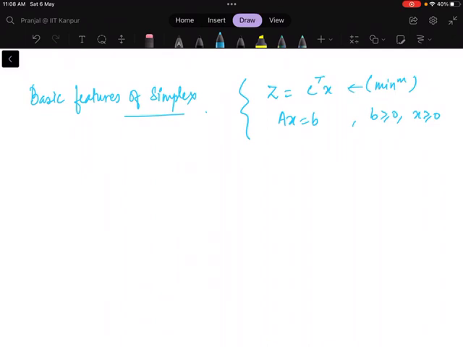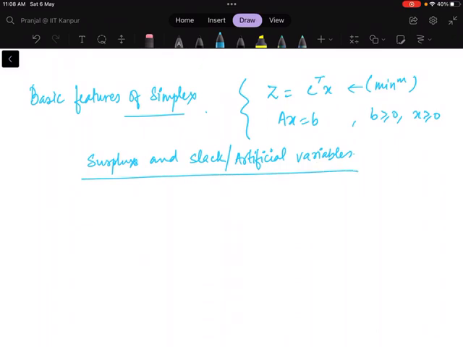Now we need to introduce surplus and slack variables. Slack or artificial, they mean the same thing. All these together will convert the inequality constraints to this form.